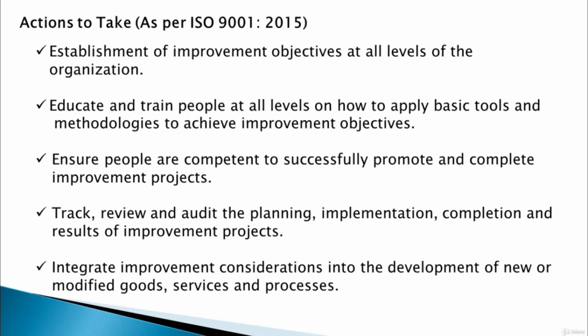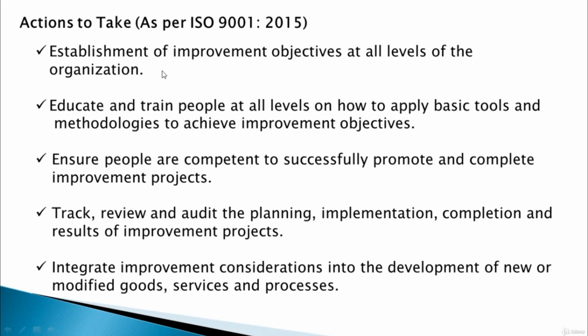Now, according to the standard, there are a few steps or actions to take. Now, I wanna mention here, and you have to excuse me, before in the previous lessons I did not mention that these actions are proposed by the standard, by ISO 9001, the 2015 revision.